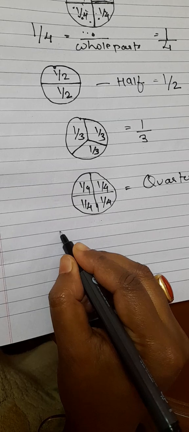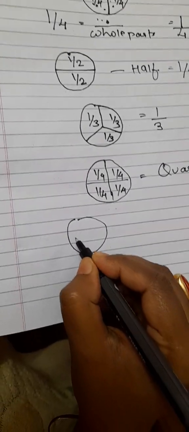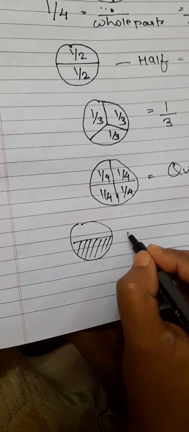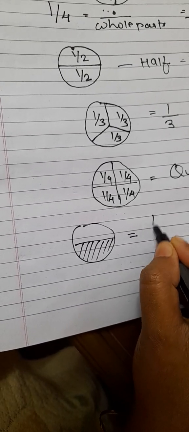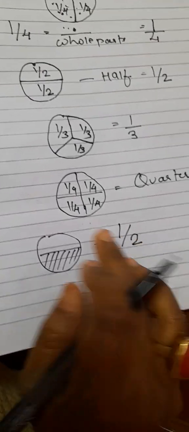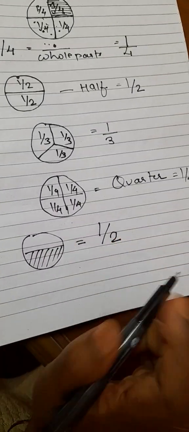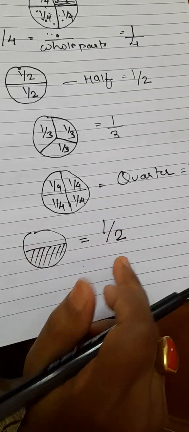Okay. If I make a circle and I choose only one part, how will we write the fraction of this part? It's 1 by 2. 2 is the whole. In the whole, how many parts are there? 2 parts are there, and I have chosen only one. So it is 1 by 2.